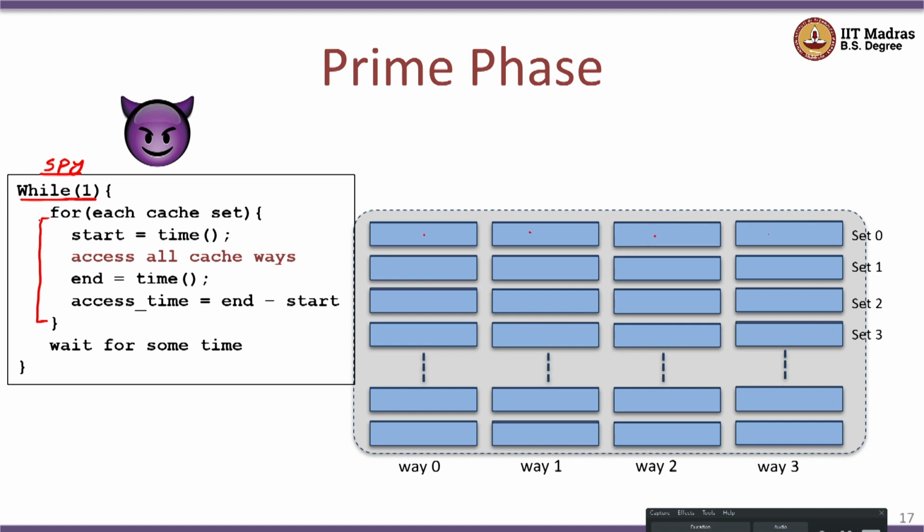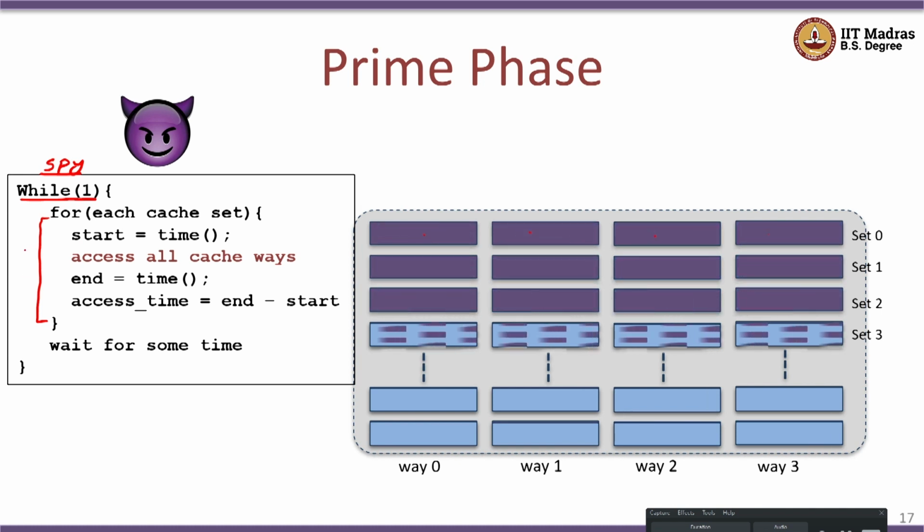So notice this first thing, right? During the first iteration of this while loop, this cache does not contain any data about the spy. Therefore, each iteration of the for loop would result in a large amount of cache misses, so 4 cache misses in each case.